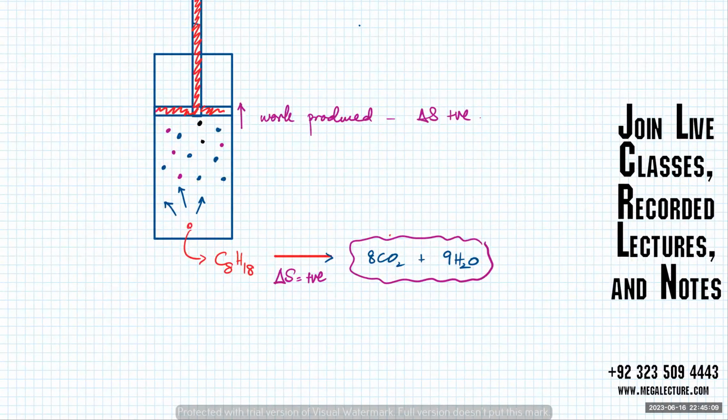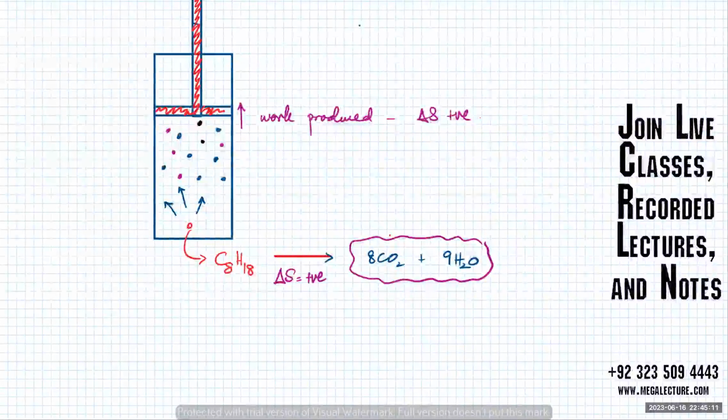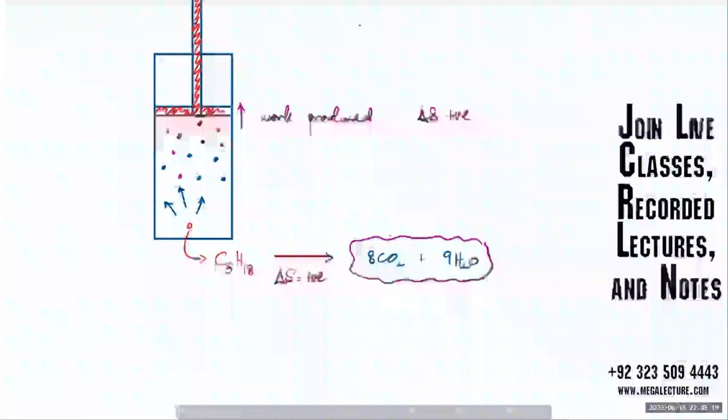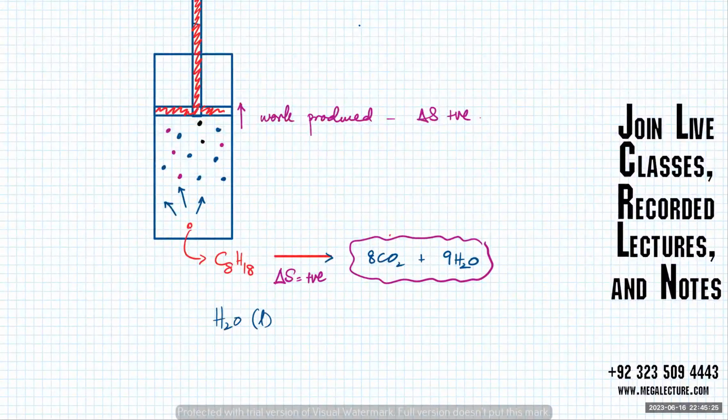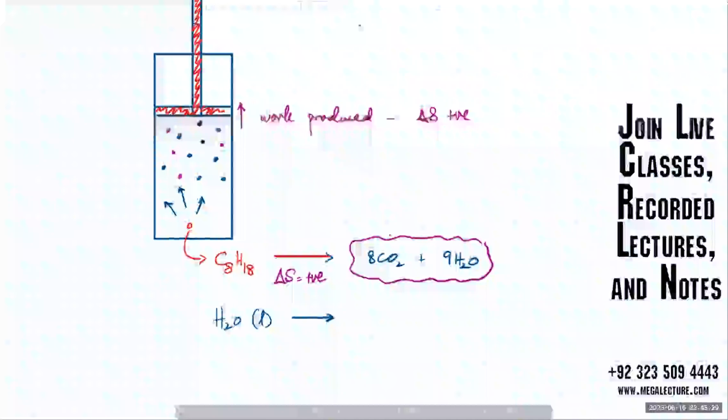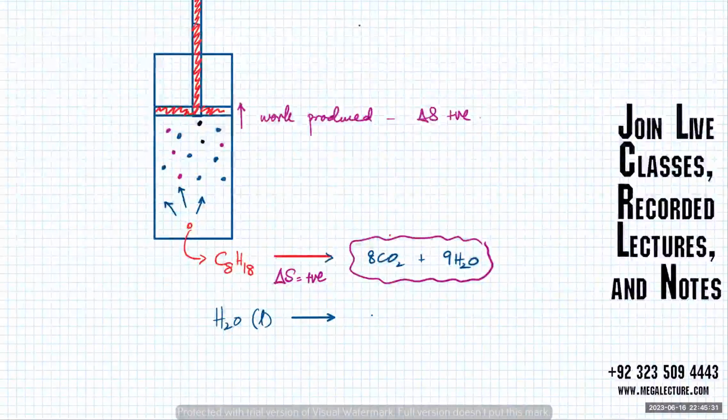How does a steam engine work? The steam engine pretty much has the same concept. Now, the steam engine reaction is actually endothermic, unlike the petrol combustion reaction, which is highly exothermic. What happens in the steam engine? Liquid water turns into water gas. That reaction does not produce heat, it actually consumes heat.